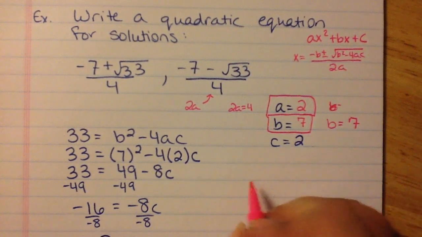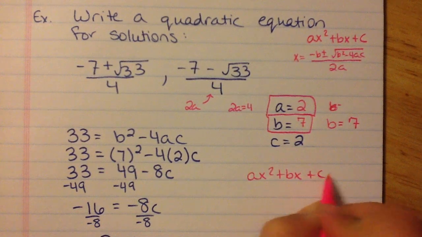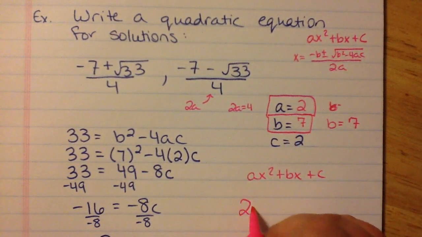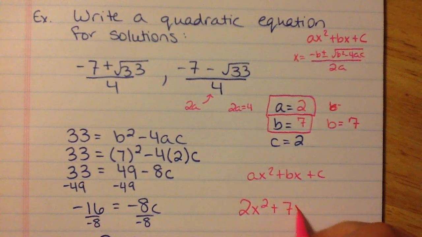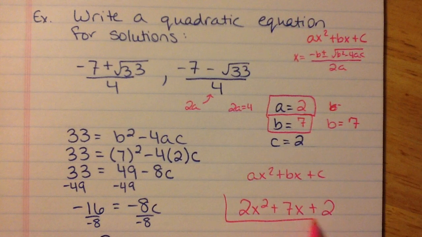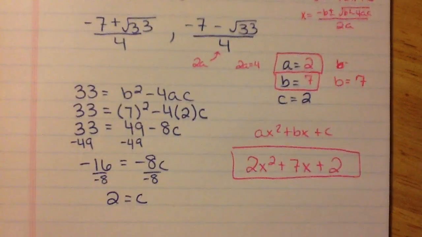Now my quadratic, ax squared plus bx plus c: a was 2, so it's 2x squared; b was 7, so it's 7x; and c was 2. So just using what you have to pick it apart.